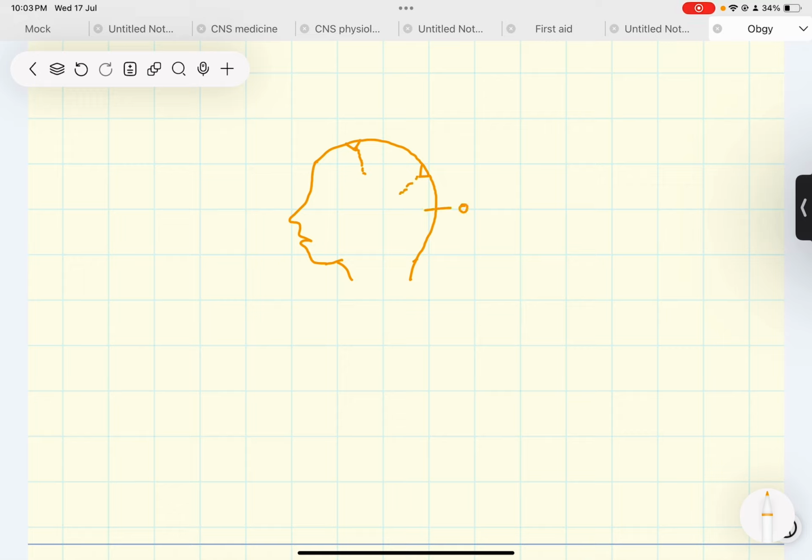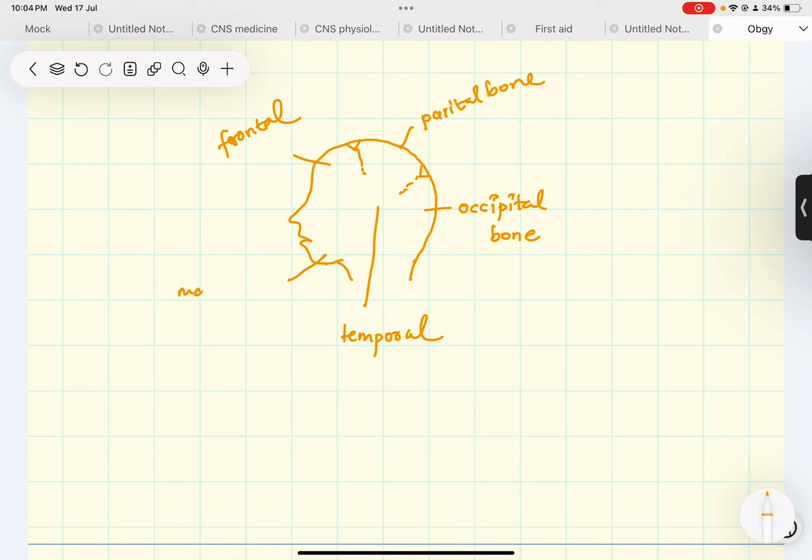You can divide it in this way. This is the occipital bone here. Here will be the parietal bone. Here will be temporal, frontal, and in the face the important one here is the mandible. Other bones are not important here.